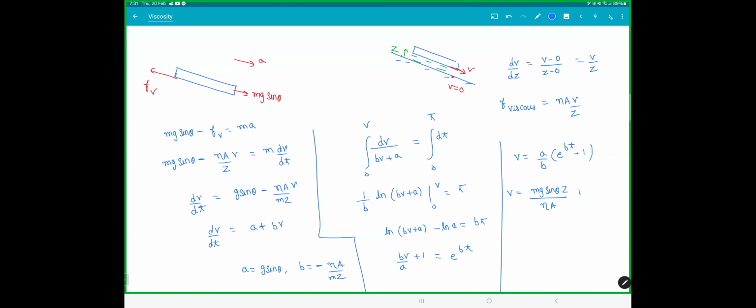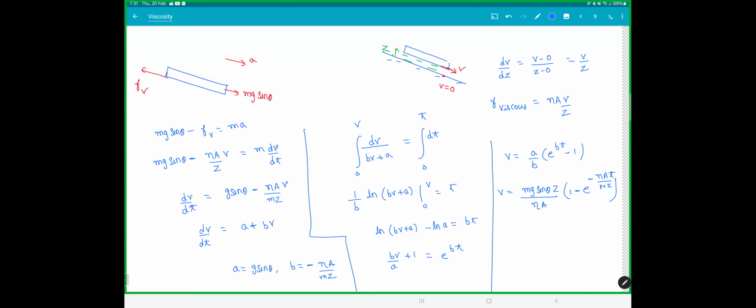So v is mg sin theta z by eta A, times 1 minus e power minus eta A t by mz. There, that's your velocity as function of time, everyone. It's an exponential one, as expected. Like I said, once you have written this equation, physics got over here. So what comes after that is just maths. That is okay, you'll be able to handle that.